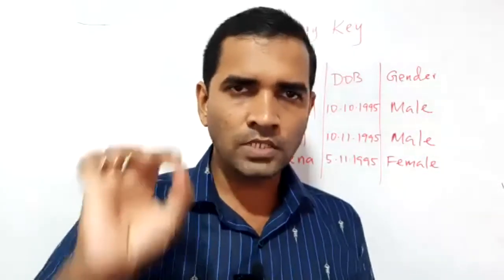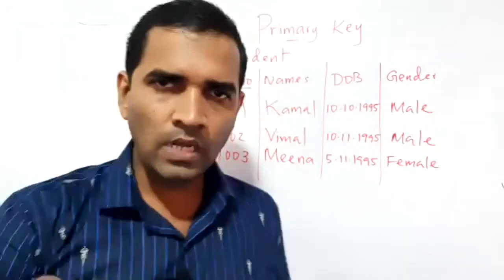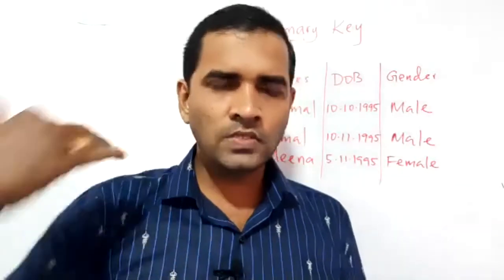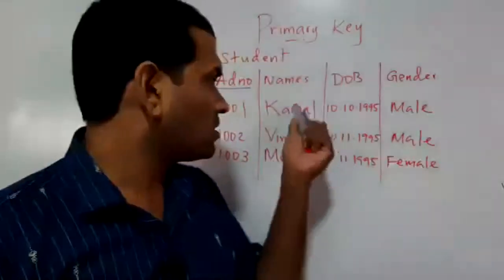A primary key field must be unique, right? A primary key field must be unique, which means that field cannot have duplicate data. So if it is duplicated, it cannot become a primary key. It's simple because if it is duplicated, it is impossible to identify a person. See, names are duplicated.